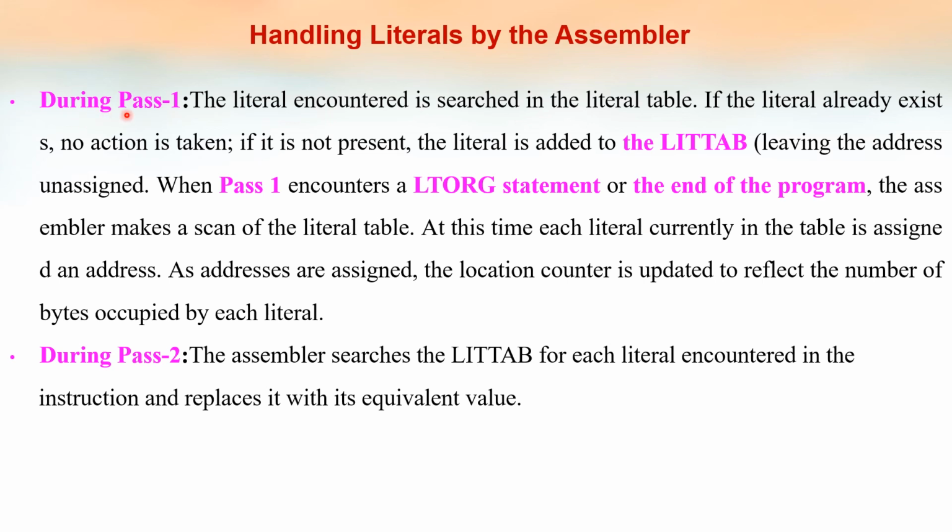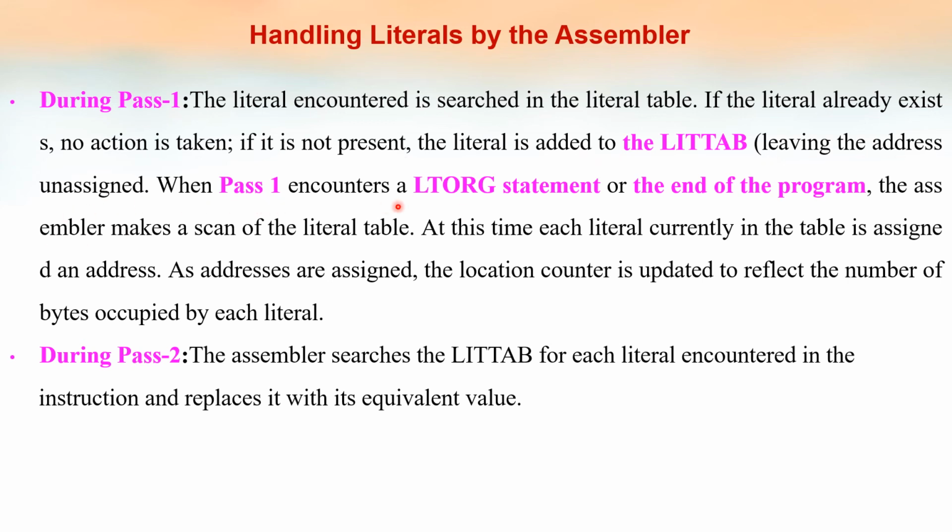We know that the assembler has two passes, pass 1 and pass 2. During pass 1, the assembler enters the literals and the corresponding values into LITTAB. When a literal is encountered, it is searched in the literal table. If the literal already exists, no action is taken. If it is not present, the literal is added to LITTAB, leaving the address unassigned.